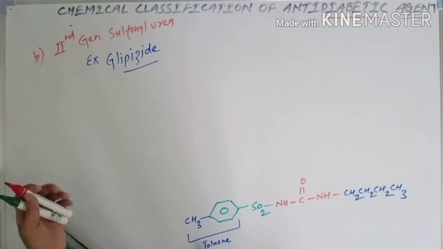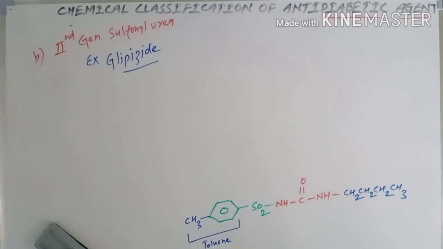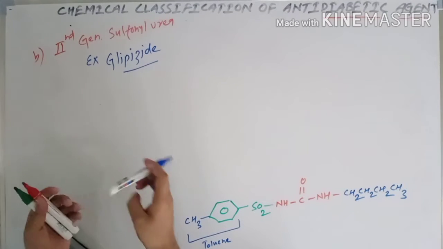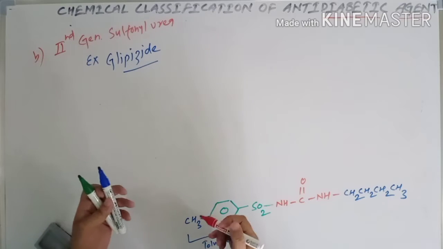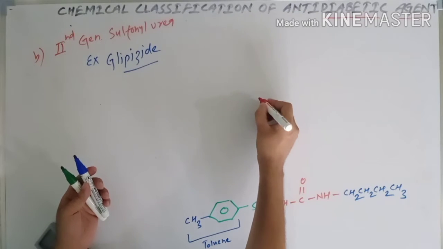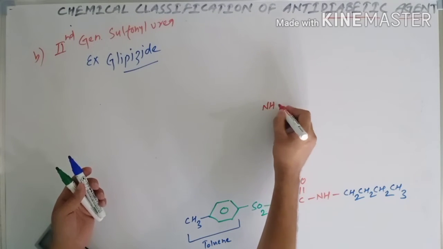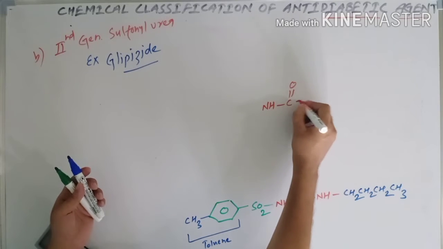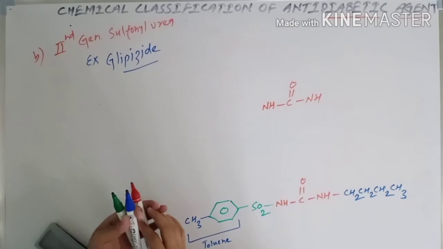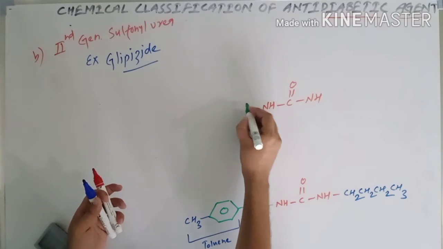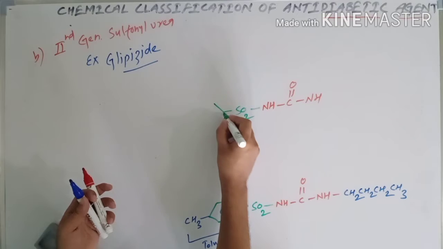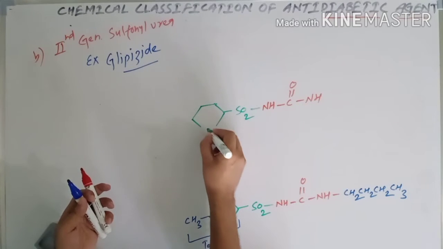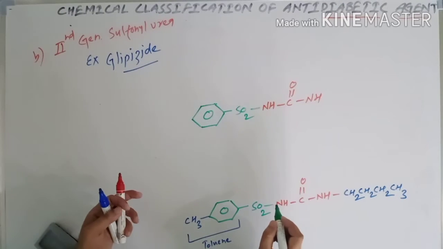Glipizide. This drug also comes under the class sulfonylurea. So first we will draw the structure of urea, NH, C double bond O, NH. This is your urea, and this is your sulfonyl group.